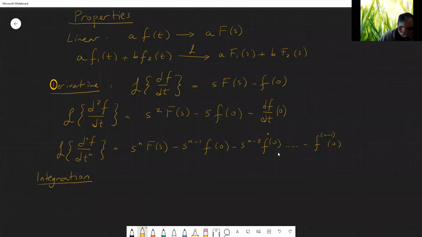And the integration. So the Laplace transform of an integral of a function, let's say from 0 to t, this is also a function.